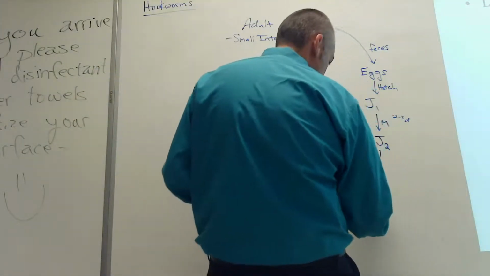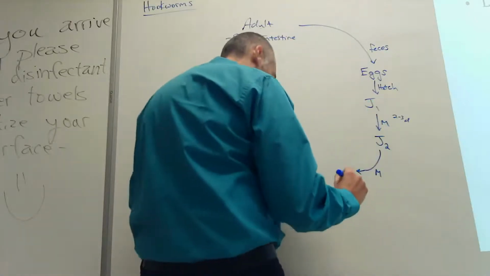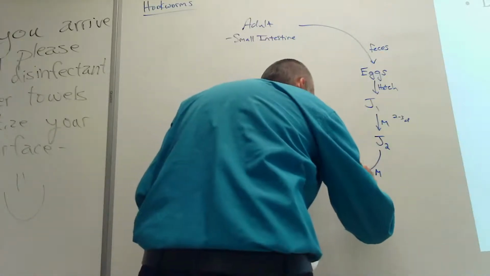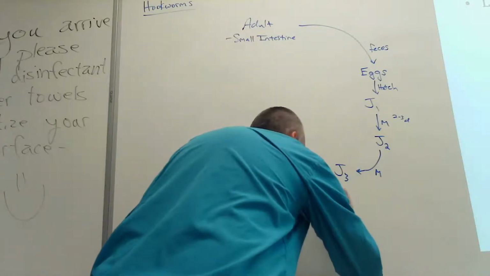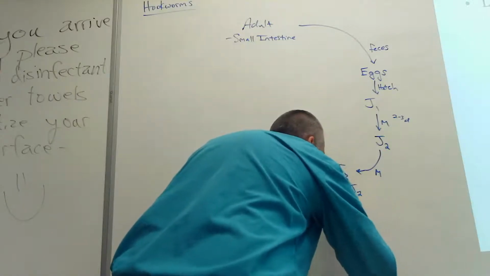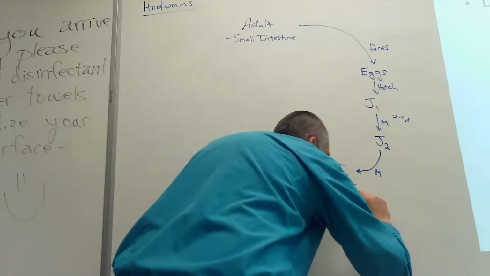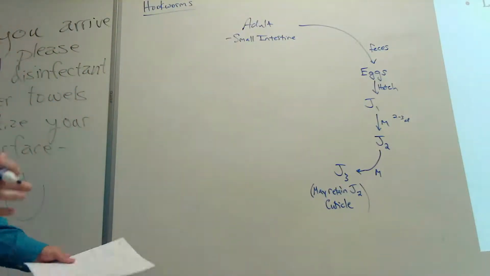They will continue growing and feeding, and will molt to the J3 stage, where we may retain the J2 cuticle. May retain that J2 cuticle at that stage, but it's still a J3.